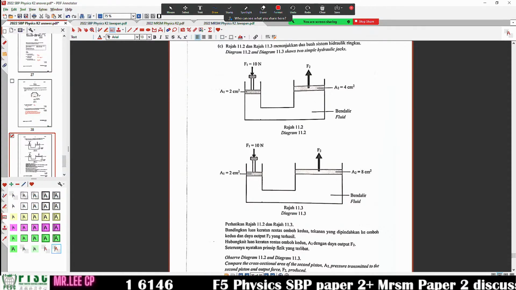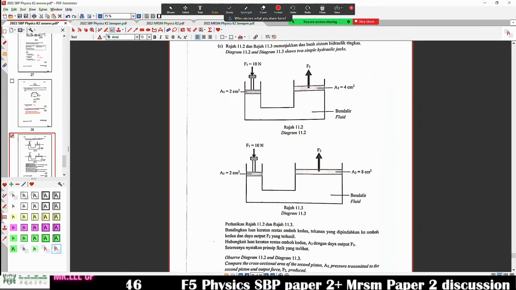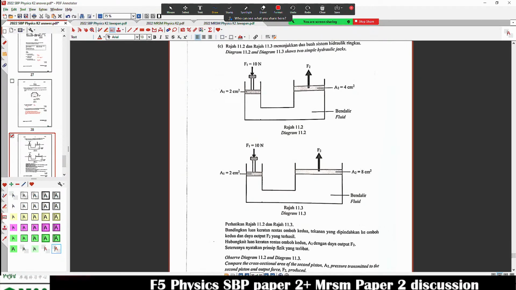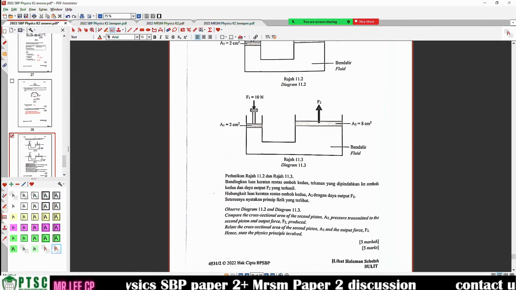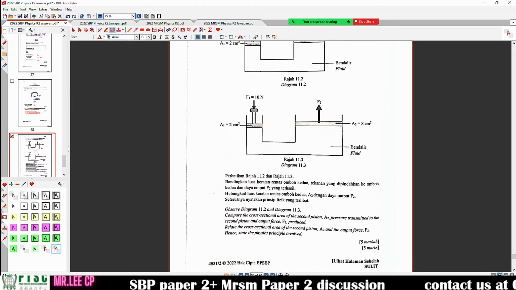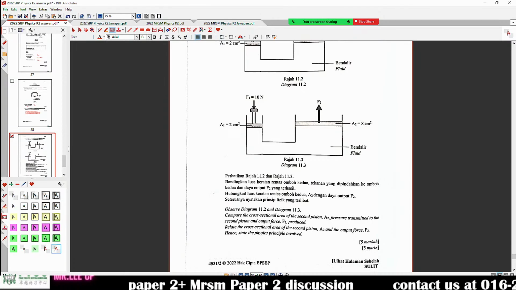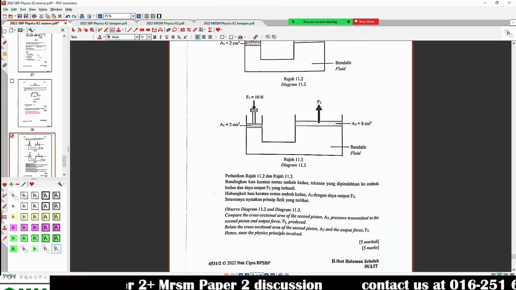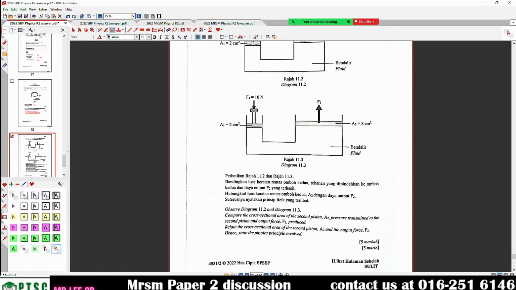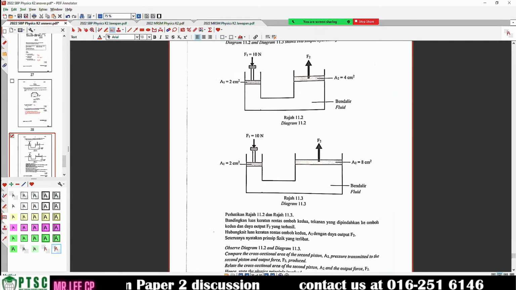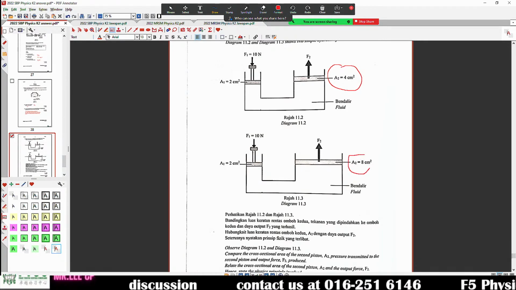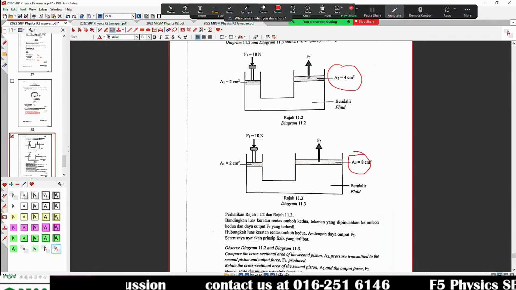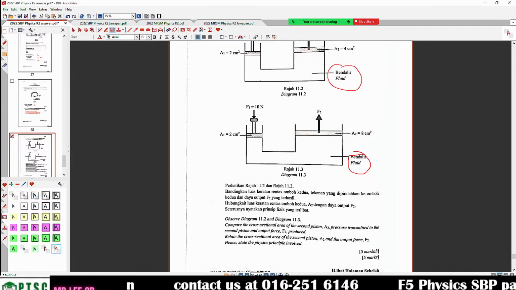11.2 and 11.3 show two simple hydraulic jacks. What you do now is observe 11.2 and 11.3. Compare the cross-sectional area of the piston A2. Observe and see A2.